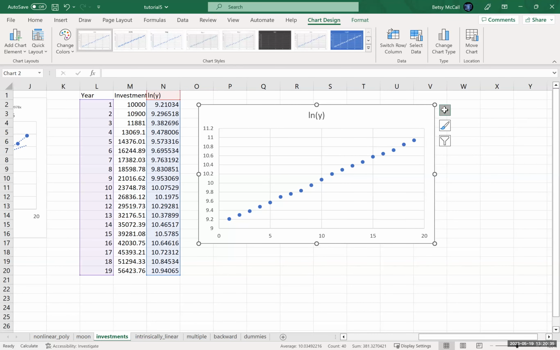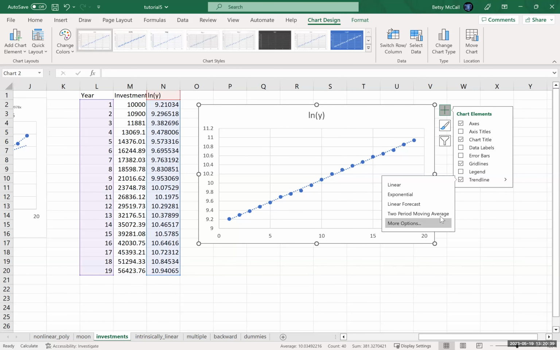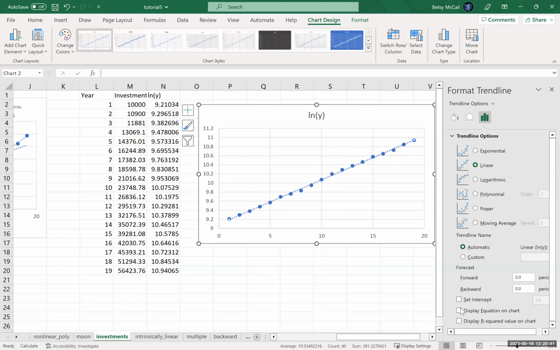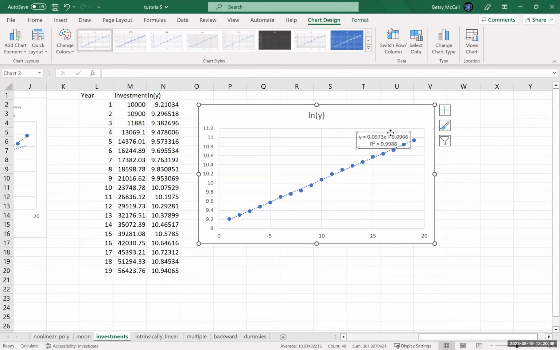And impose our trend line. Now, again, the original data is constantly updating.